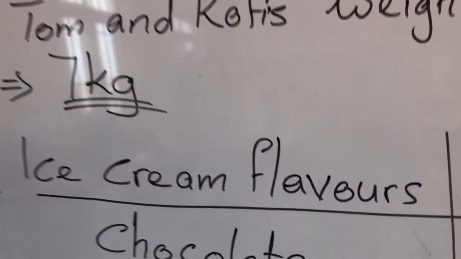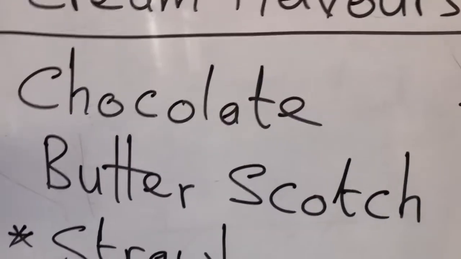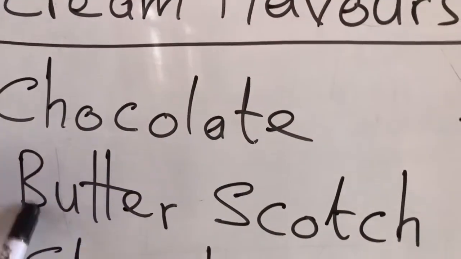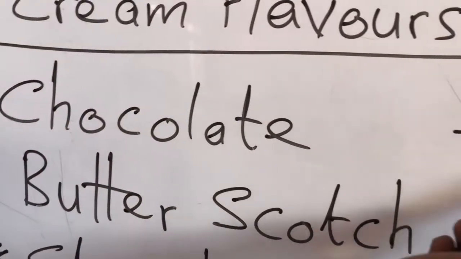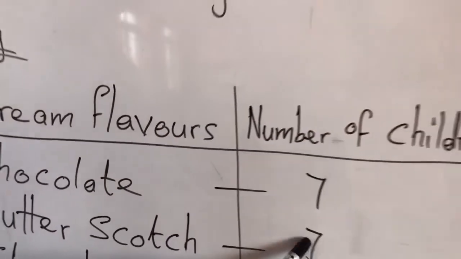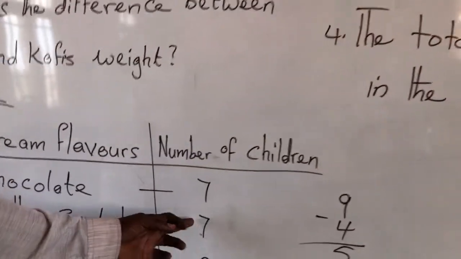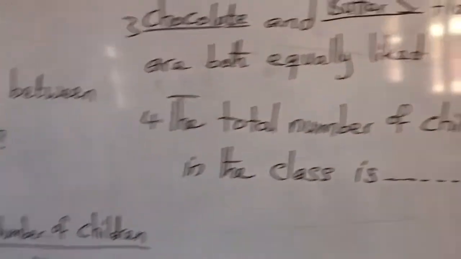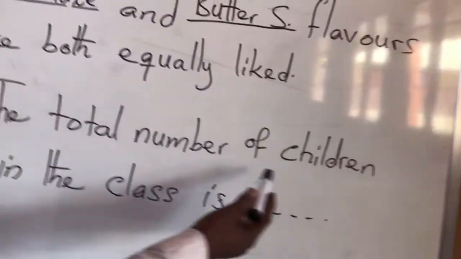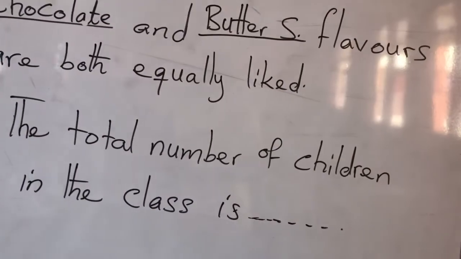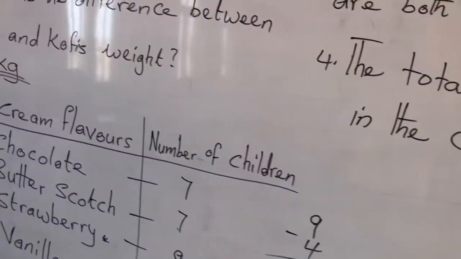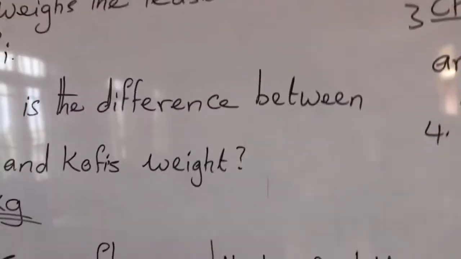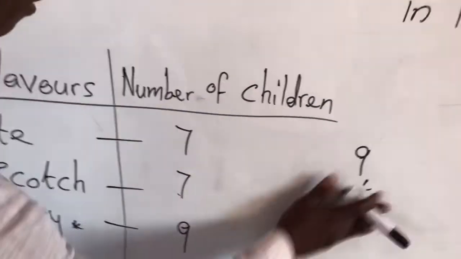Let's look at the next one. But the mistake, we have changed the mistake here. Instead of 7, we had written 2 here, so we have changed that. Take note of that. The total number of children in the class is what? Then you come back to your table here.